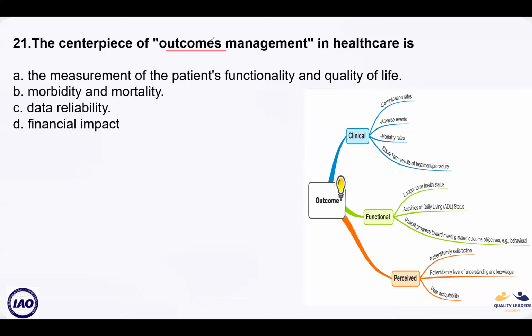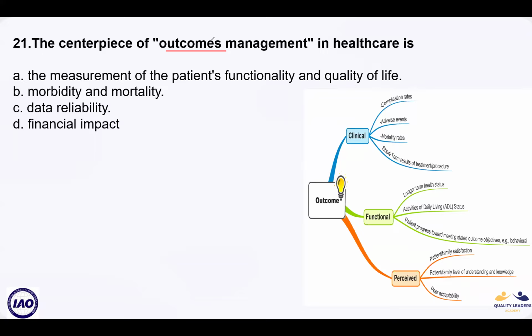But outcomes management asks whether the patient is walking without any aids, going back to his usual routine, climbing the stairs and living independently. That functionality and quality of life is the difference between simple outcomes and outcomes management.